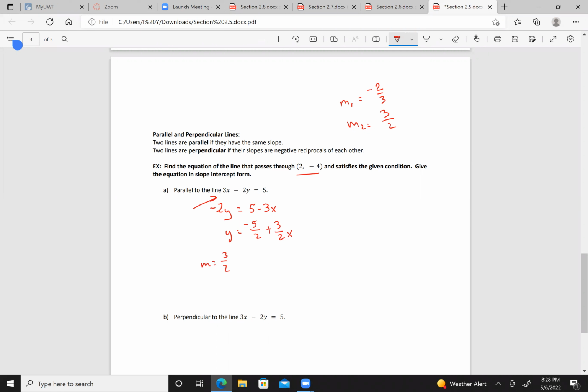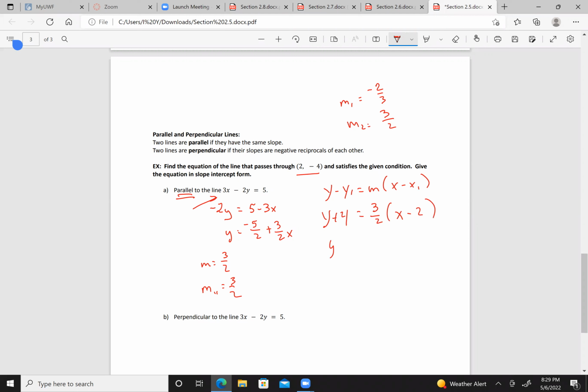I want a parallel line. So my slope of the parallel line is also 3/2. So I go to my point-slope formula, y minus y1 equals m times (x minus x1). I have y minus -4 equal to 3/2 times (x minus 2).